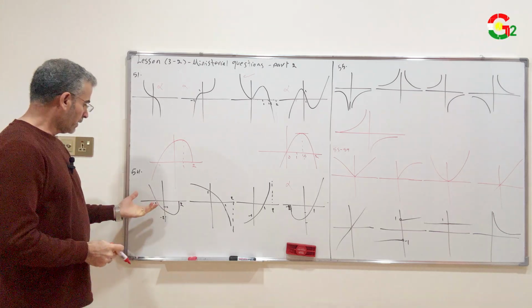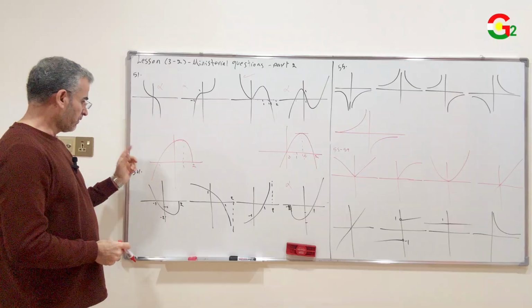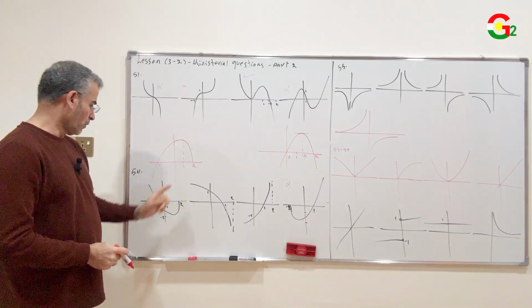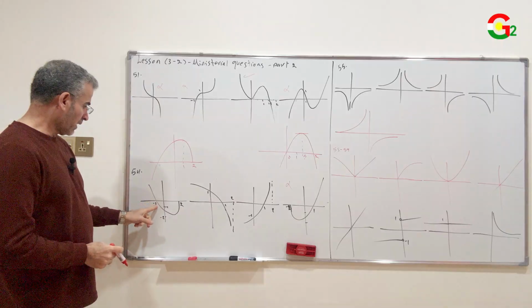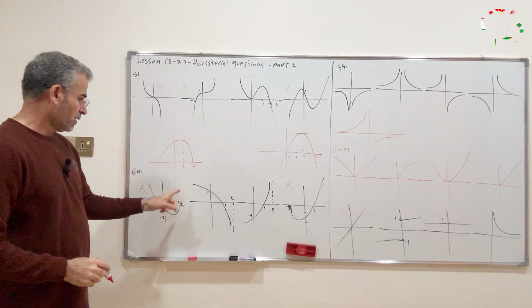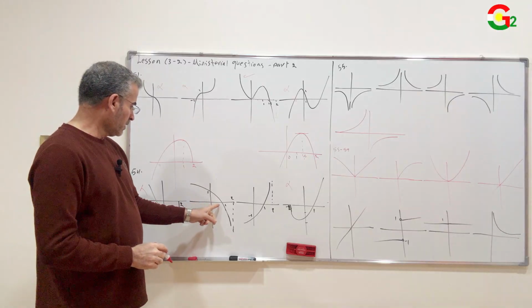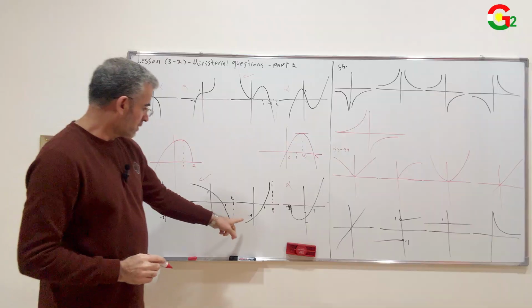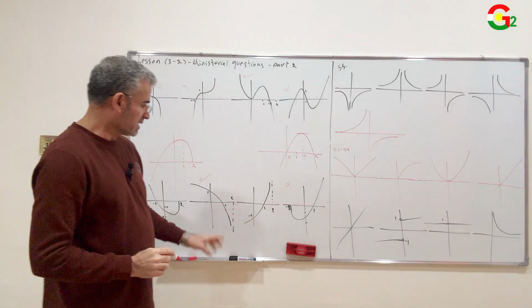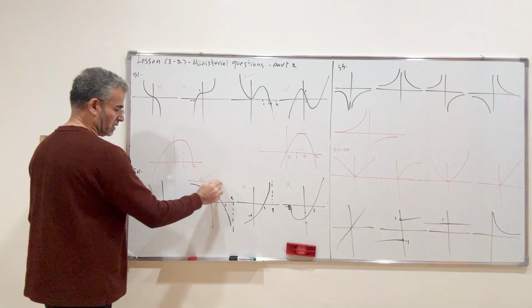So the graph of its derivative should be over the x-axis from negative infinity to 1. This graph is over the x-axis to negative 1, so it is wrong. This graph is over the x-axis from negative infinity to 1, so this one may be the right choice. This graph is under the x-axis from negative infinity to 1. It is wrong. The right choice is B.